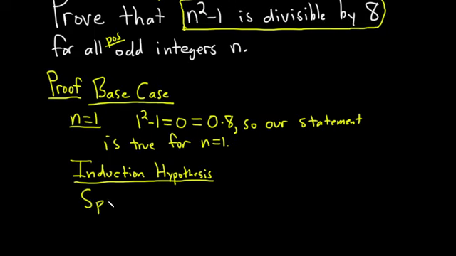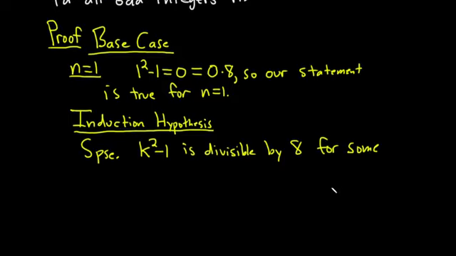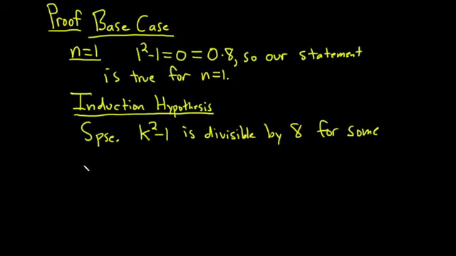So suppose k squared minus 1 is divisible by 8 for some odd positive integer k.